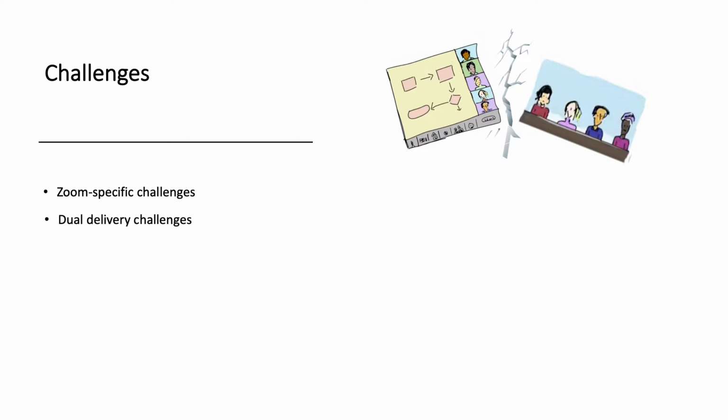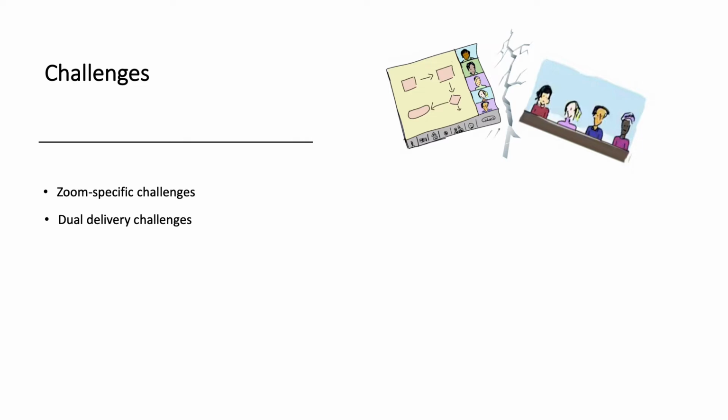And the second set of challenges has to do with the dual delivery. And these challenges are prompted by the nature of dual delivery, where you have two somewhat separate cohorts of students. This challenge is, of course, compounded by the fact that students switch often between cohorts, at least during the first few weeks of instruction, until they find their preferred method of attendance.